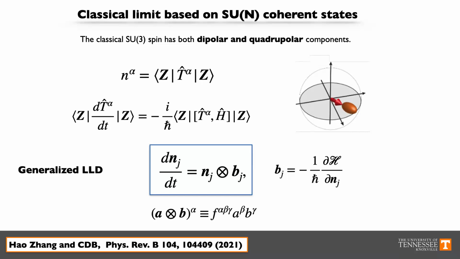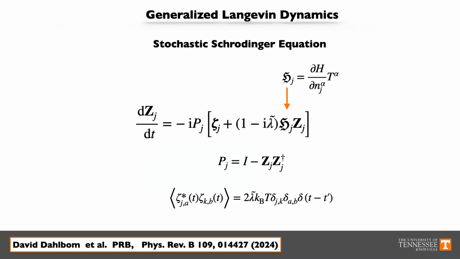So you can write this equation in the Schrödinger picture, basically as a Schrödinger equation for the evolution of the ket of the coherent state. And basically, the Langevin equation will be simply a stochastic Schrödinger equation where you have noise and dissipation through this procedure.